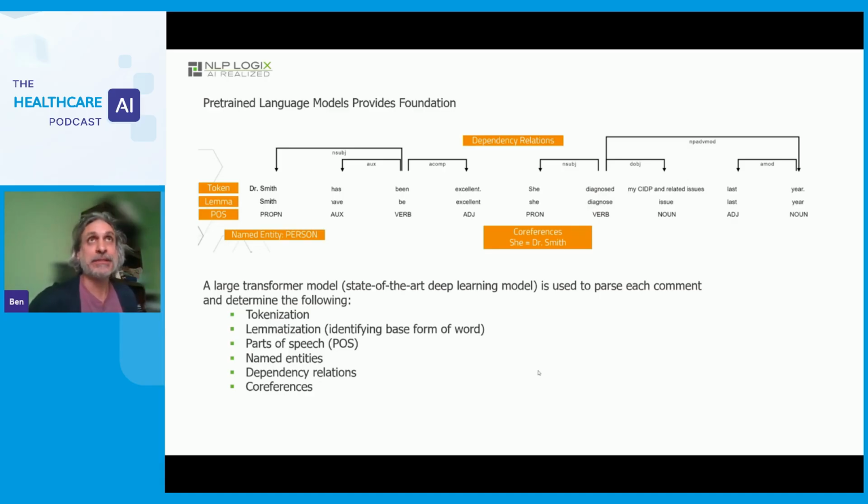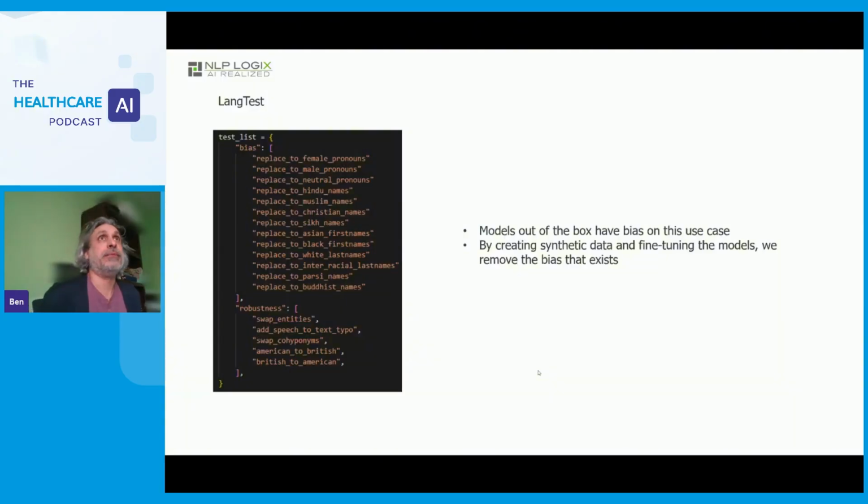But the problem is, out of the box, many of these solutions have inherent bias in them. Very frequently, when you're talking about nurses, you're using the nurse's first name, and that first name is often female. When they're talking about the doctors, very often they're using last names. They're saying Mr. and Doctor.